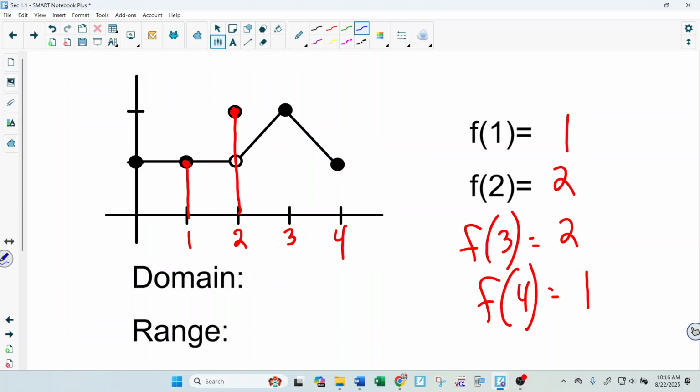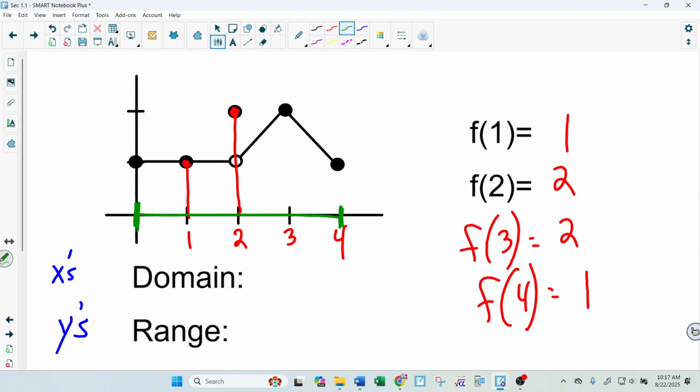Now, our domain and range. The domain, remember, are all the x's, and the range are the y's. So when we look at the domain, what are our x's? Well, our x's go from 0 all the way to 4.